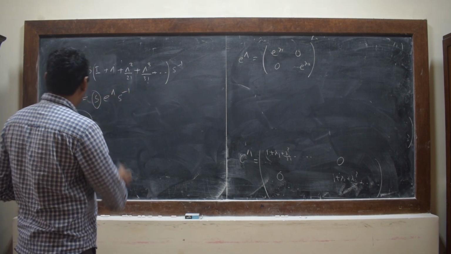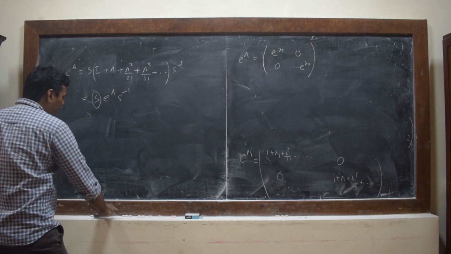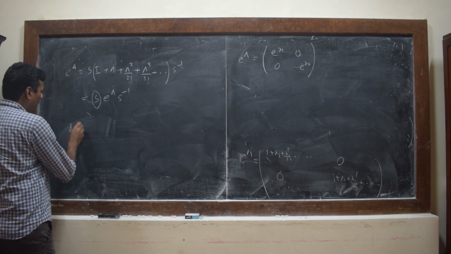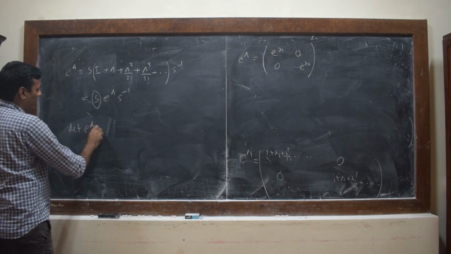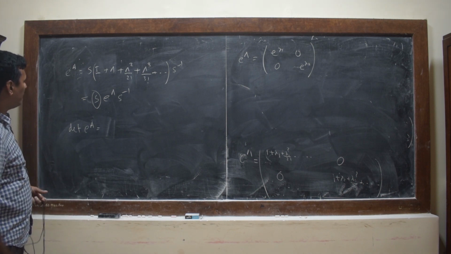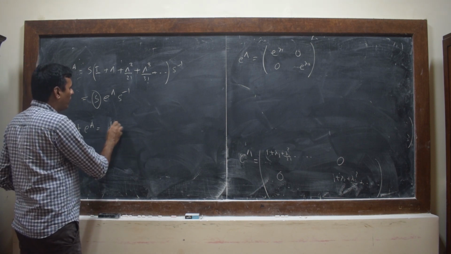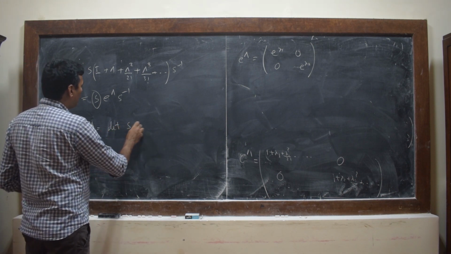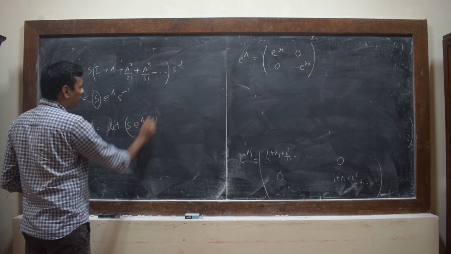Now let us evaluate the determinant of the exponential of A. The determinant of the exponential of A is going to be equal to the determinant of S into e raised to lambda into S inverse.